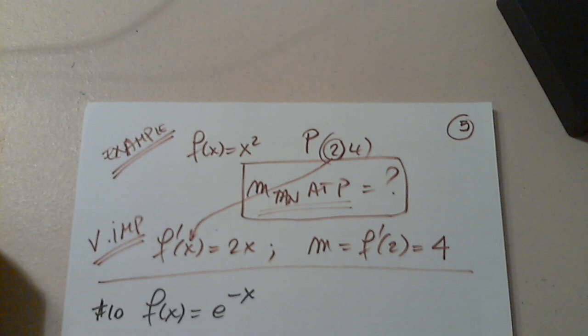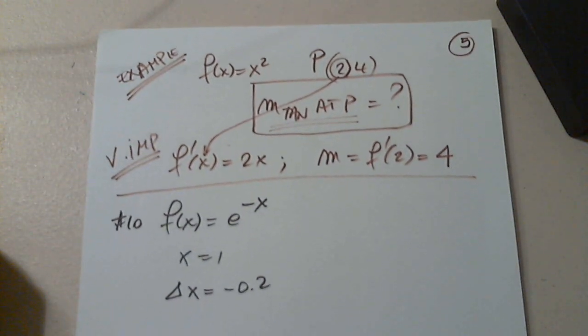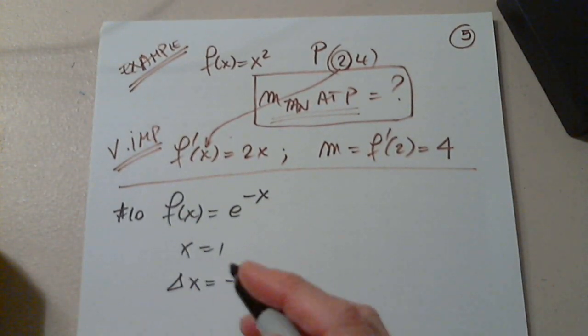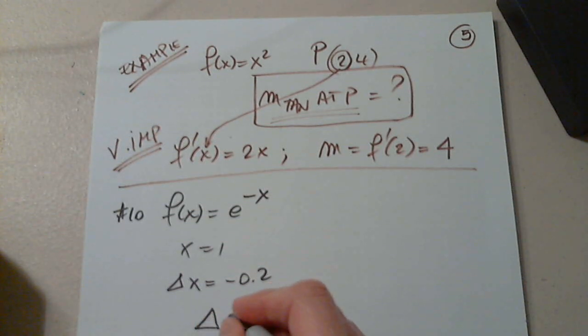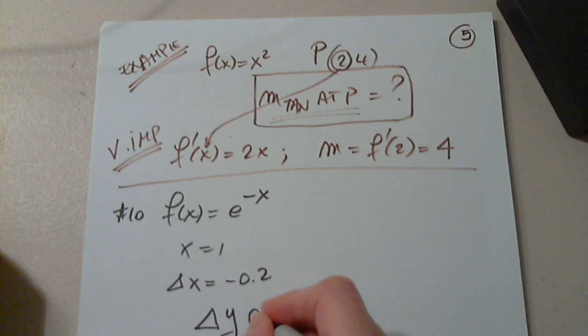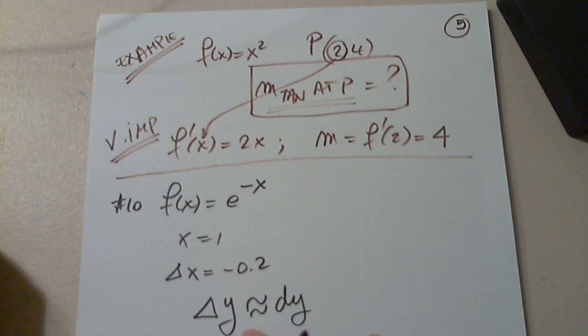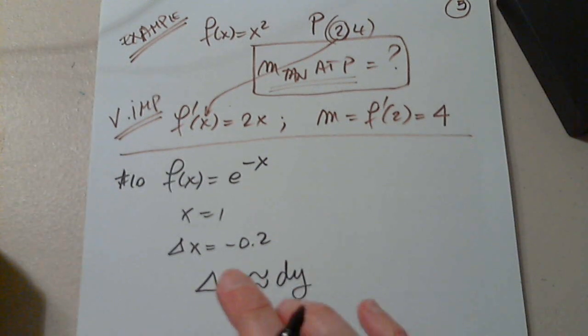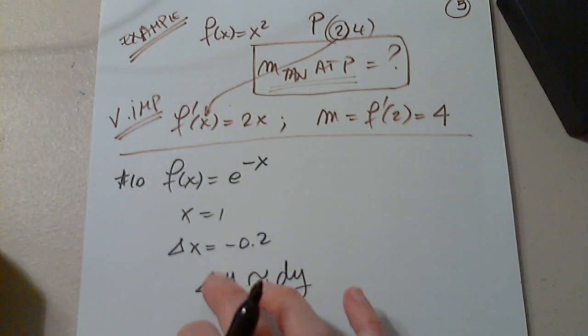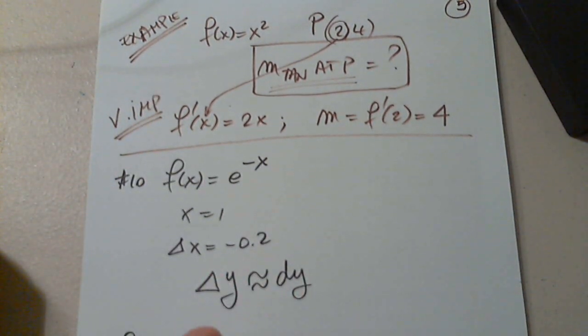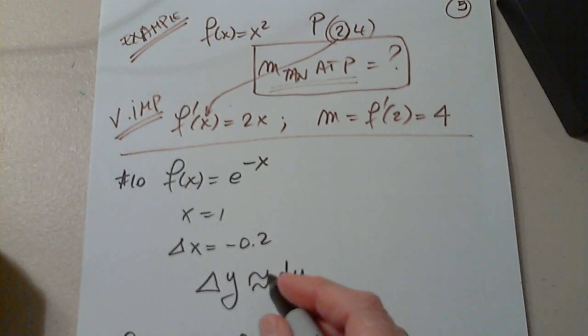Okay, good. So before we attack this problem, we have to remember this relationship, that the exact error is very close to the approximate error. I'm going to replace this by what it equals, which we already know, f of x plus delta x minus f of x.